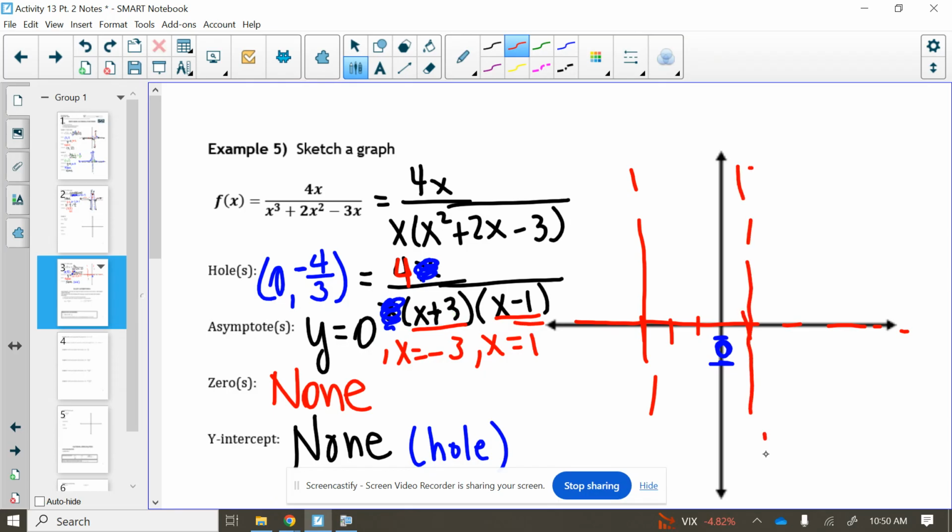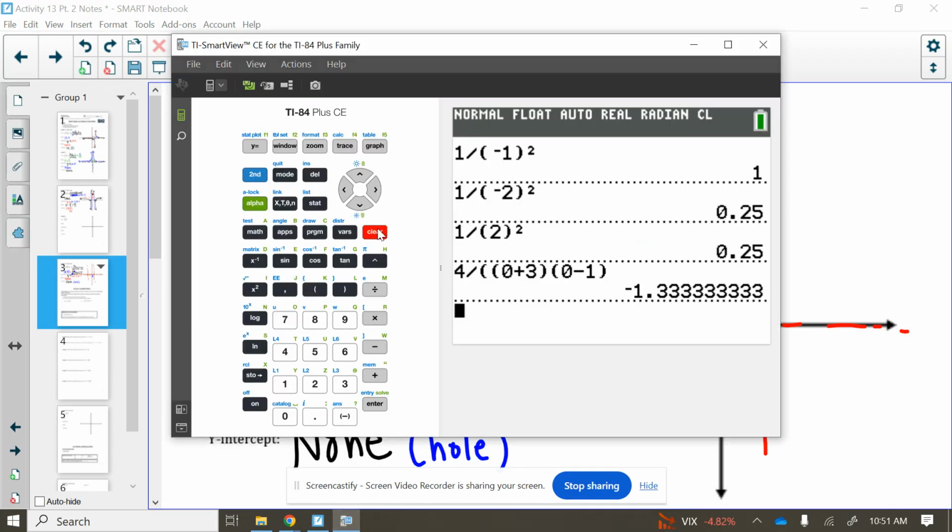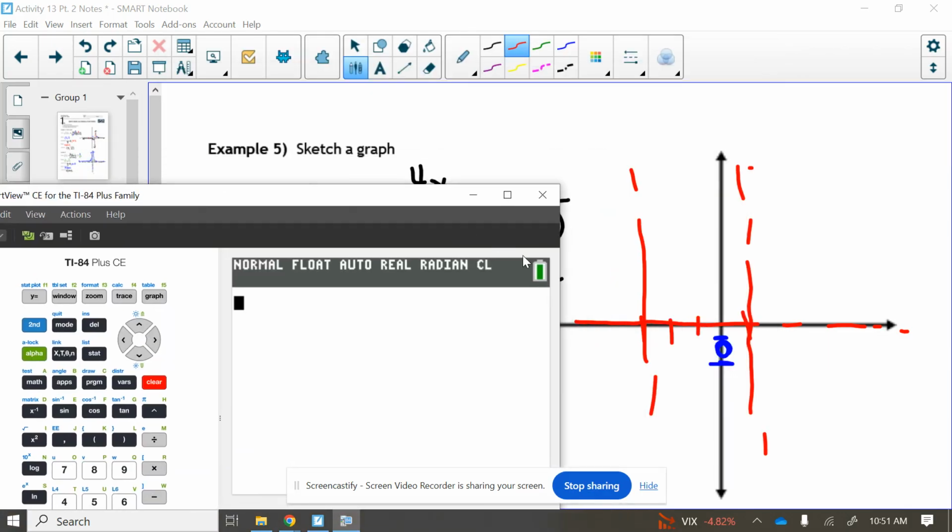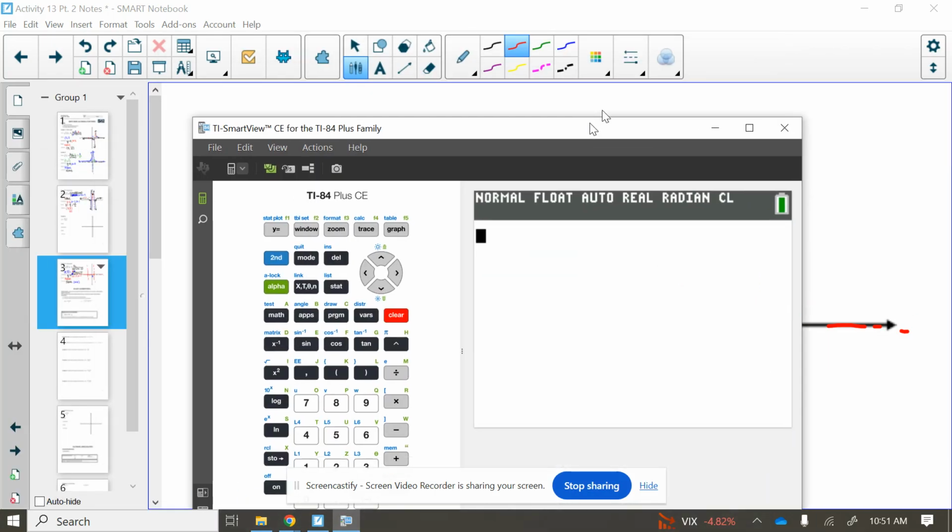So we see those passing through. Now this one's going to be a really nice example to use some test points in. And again, whether you plug it into the original or into the factored form, let's check out some test points, for instance, a negative 4 value over here.